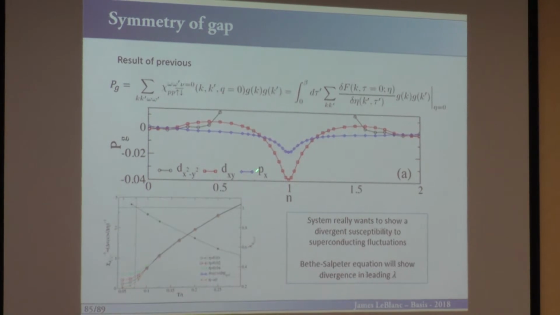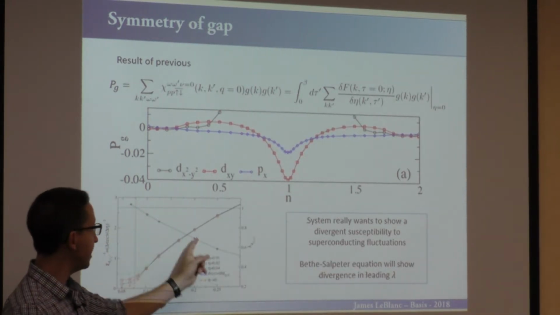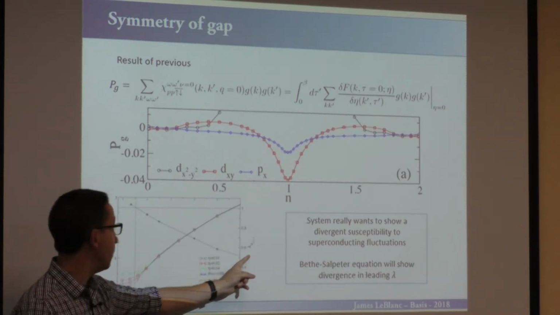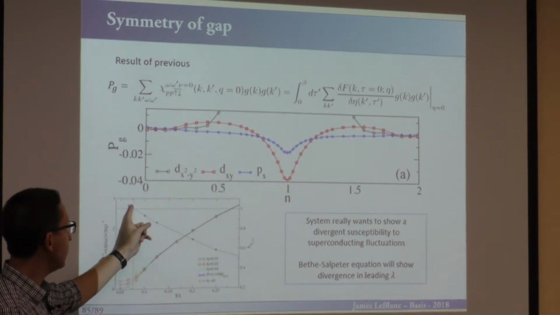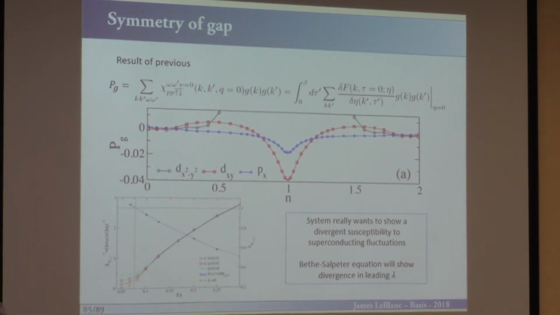There are some very subtle regions where P wave superconductivity might emerge in very highly doped systems. Okay? So this is a tool that we have at our disposal. And again, all of this comes from the fact that there's an eigenvalue that we can plot, and we can find where it goes through 1 or where it goes through -1. And that causes a divergence in a susceptibility. Okay?